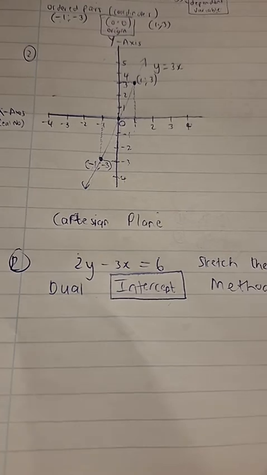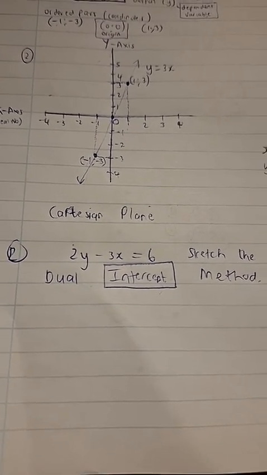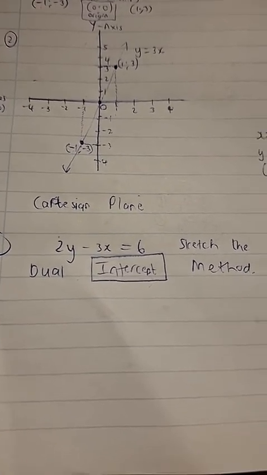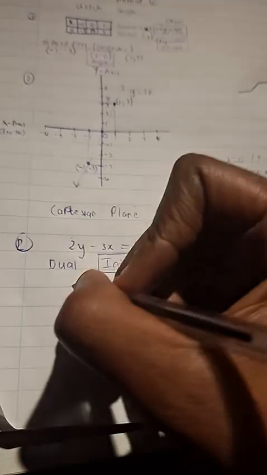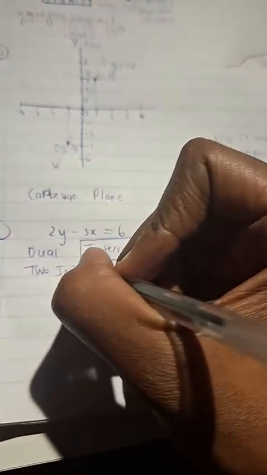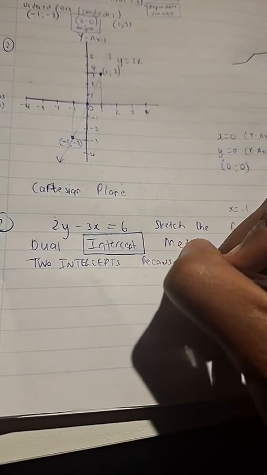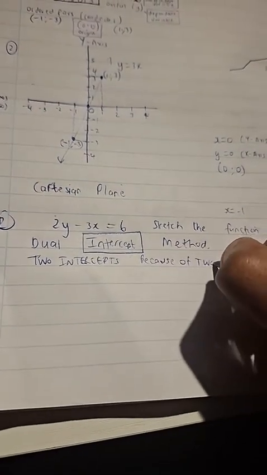Intercept, we know what intercept is because we've been speaking about the line cutting through a certain axis. So that means we have two intercepts because we have two axes. Two intercepts because of two axes.